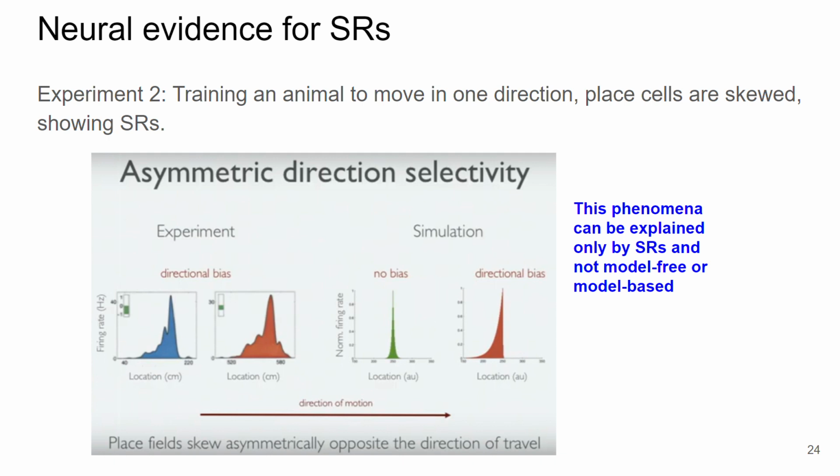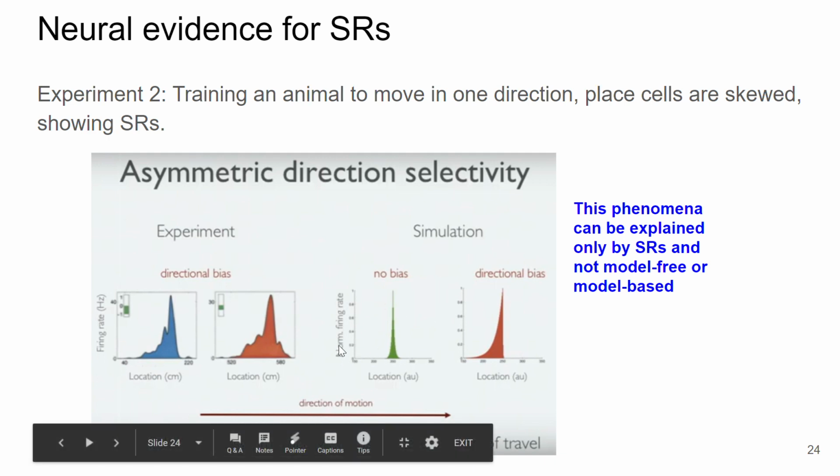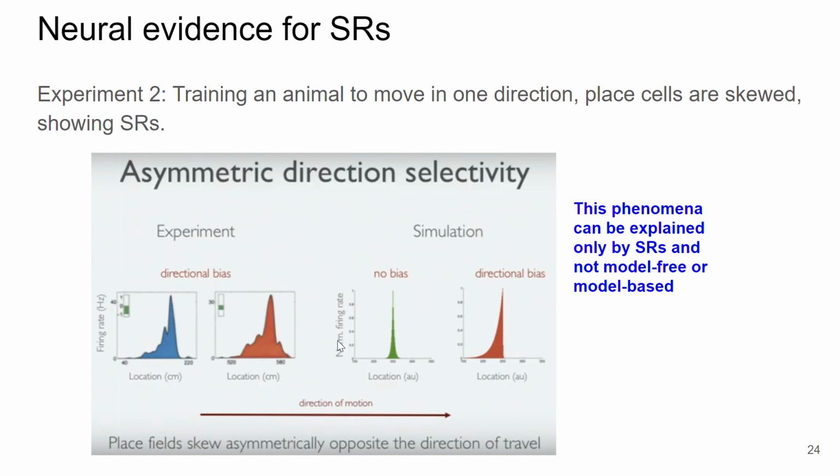But if you do change the reward in that experiment, the firing shouldn't change. If the rat is not moving towards the right and is moving with a random policy, then this is what you would expect to see. But I'm saying if you train the rat, the policy is fixed, so the state transitions are fixed.